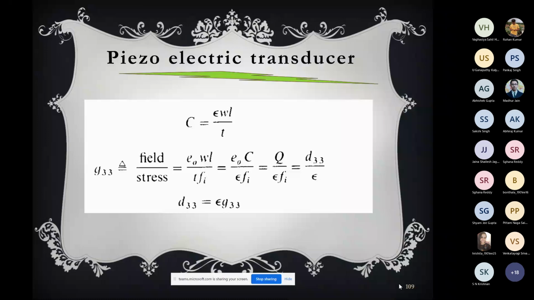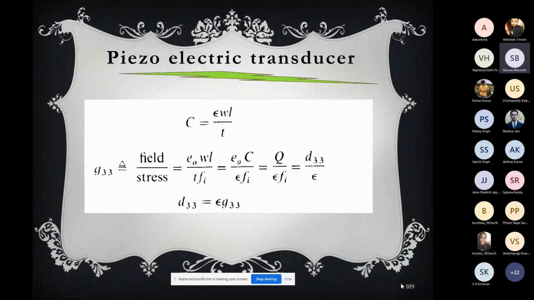We have seen that G33 equals E0 WL by T Fi, because G33 is defined as field divided by the stress. These two are related in terms of capacitance. We know that the capacitance C equals epsilon WL by T, so we can replace WL by T with C by epsilon.